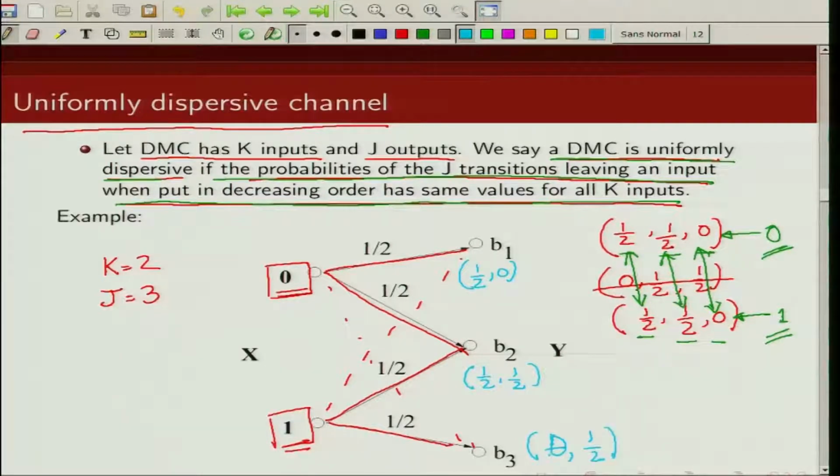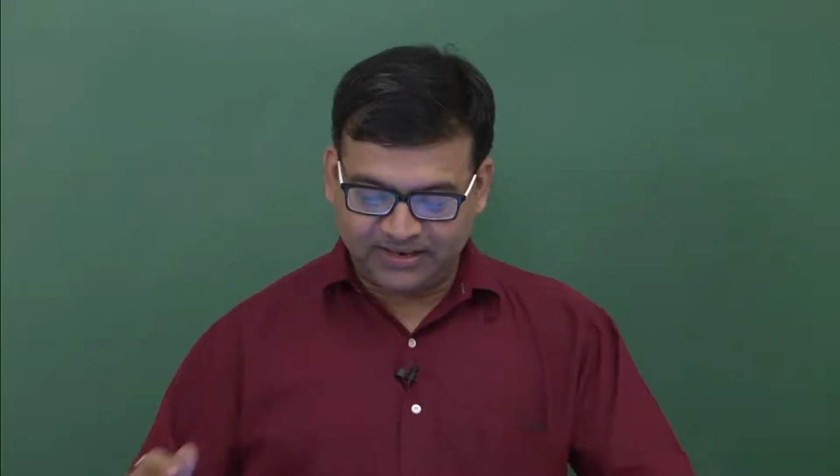So this is not a uniformly focusing channel. Why? Because when I arrange the transition probabilities in descending order, for outputs B1 and B3 it is half and 0, whereas for this output it is half and half. So this is a uniformly dispersive channel, but it is not a uniformly focusing channel.